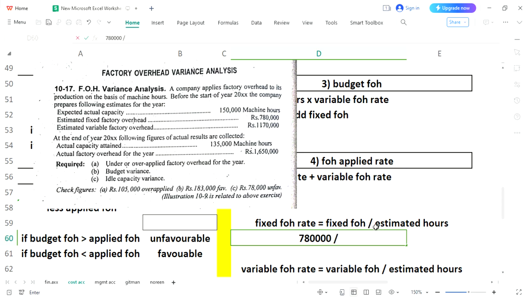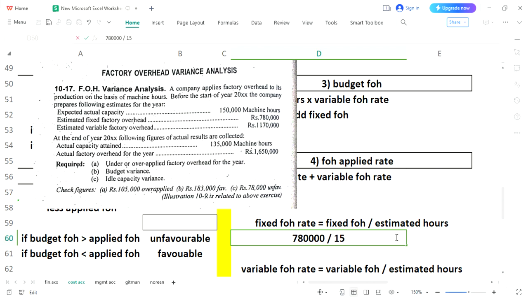This was your formula, divided by estimated hours. Come over here. This is your expected actual capacity. Hours are not mentioned here, but you can see hours over here. Estimated units, pounds, liters, hours, these are the same sort of things. So 150,000 are machine hours, which would be written here as estimated hours.